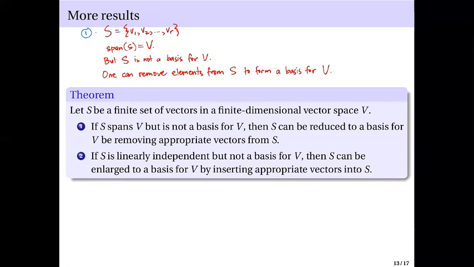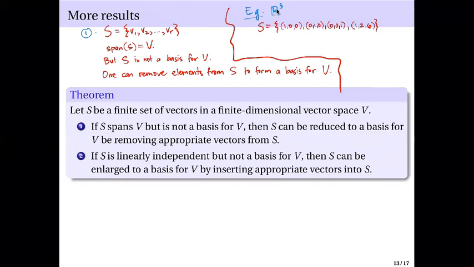For example, again, let's look at R3. So let S be the set containing the vectors 1, 0, 0, 0, 1, 0, 0, 0, 1, and then you have here 1, 2, 6. Okay?